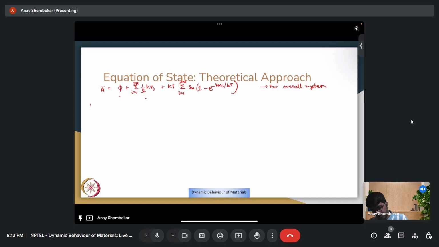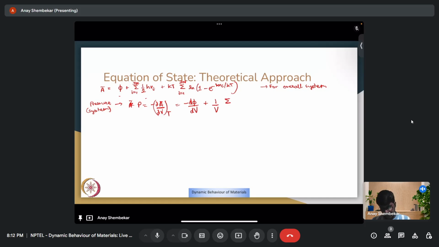And then pressure in the system becomes P is minus dou A by dou V at T, which is minus dou phi by dV. Now this is the tricky part, 1 by V summation.